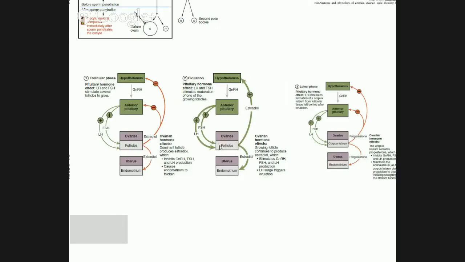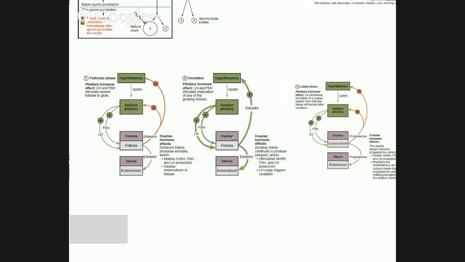At ovulation, the estradiol levels have gotten very high. The follicles are just pumping out estradiol the whole time. And so for most of the follicular phase, the levels are at the level that inhibits hormone secretion.